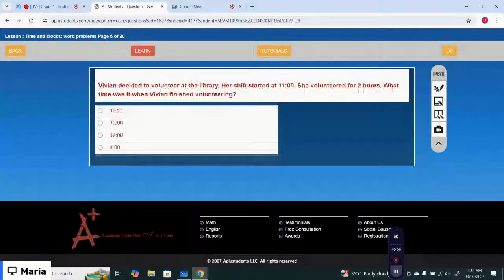The next one is Vivian decided to volunteer at the library. Her shift started at 11. She volunteered for 2 hours. What time was it when Vivian finished volunteering?